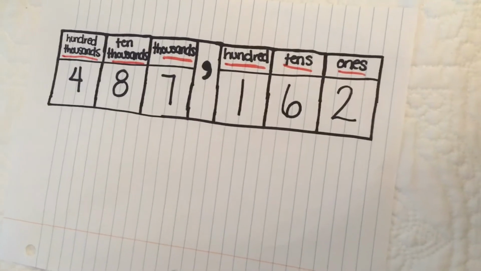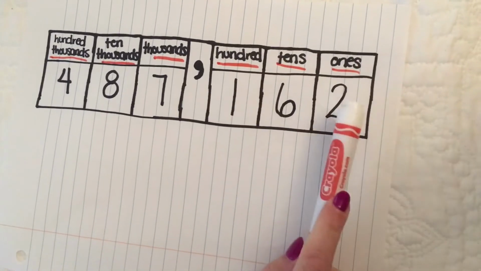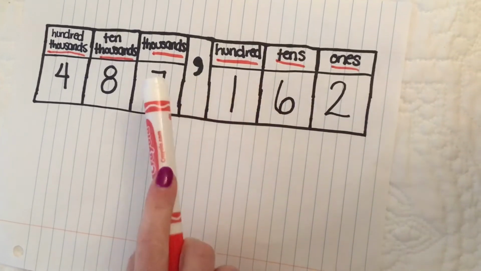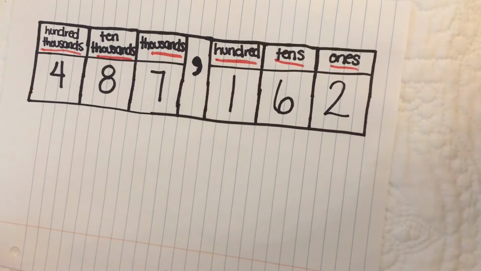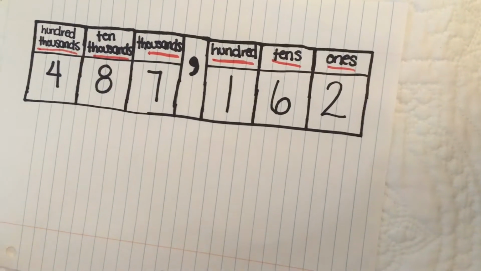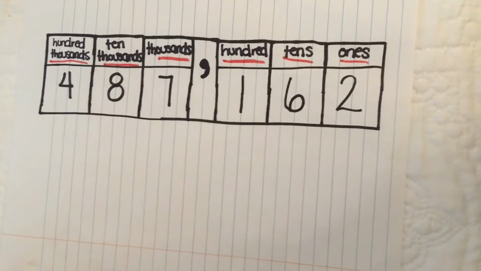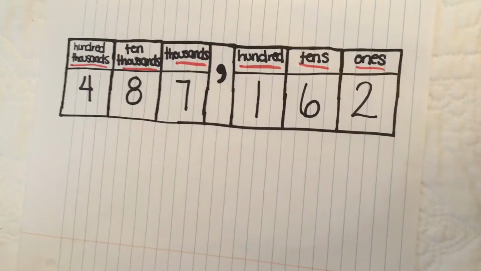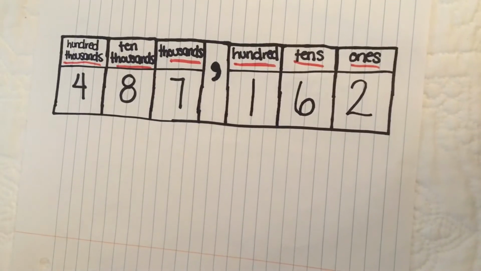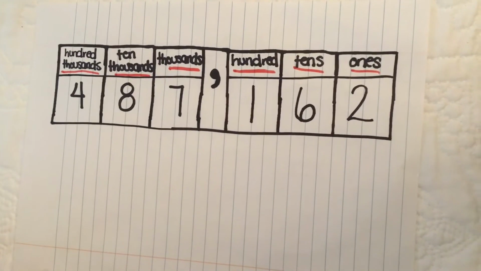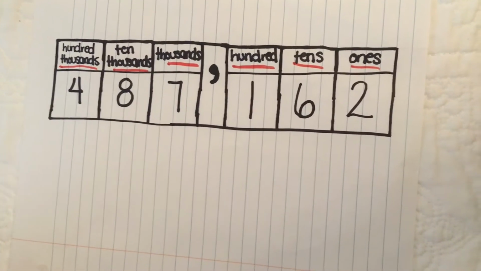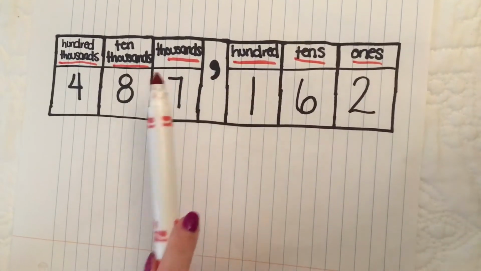I can tell you right now, students are pretty solid on ones, tens, hundreds, maybe even thousands. However, you might want to practice more with your student 10,000s and 100,000s because that's more of the add-on from last year.